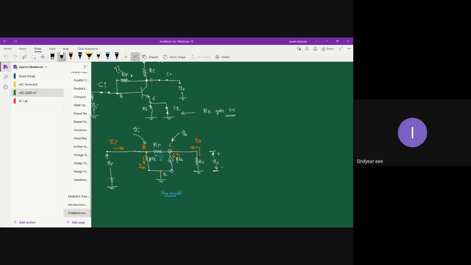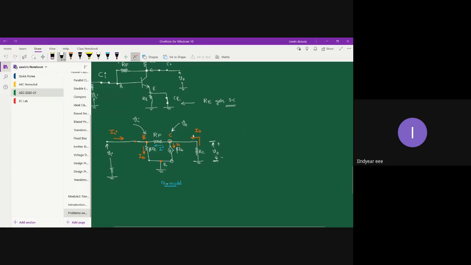So taking that connection into consideration, between base and collector we have placed a feedback resistor RF. Remember one thing, this capital RF is basically the biasing resistor itself. So these many things we had drawn in the previous class.